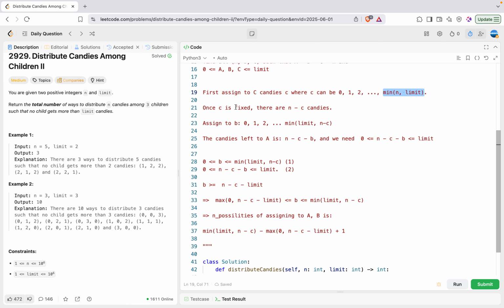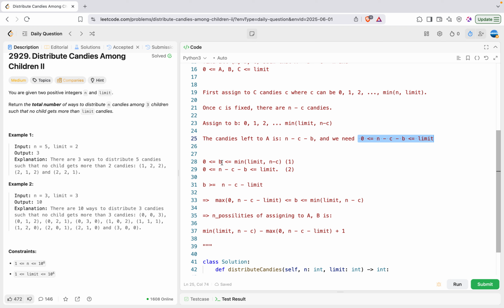Once C is fixed, there are n minus C candies left, and we want to assign them to A and B. We can assign to B 0, 1, 2 candies, up to the minimum of limit and n minus C. Then the candies left for A is n minus C minus B. We need B in this range, so we have two inequalities.